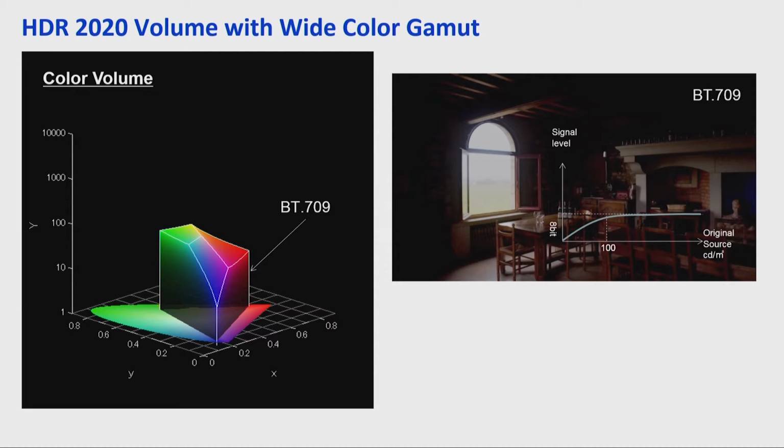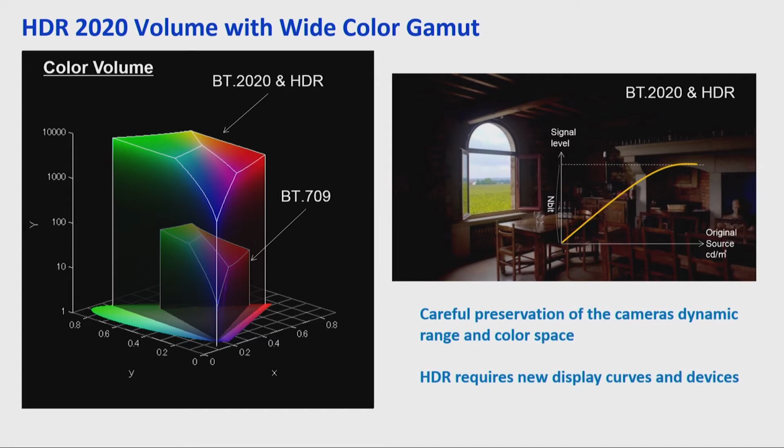So this is 709, and to the right is a picture in 709 of the exposure choice that you'd have to make in the picture. Between high dynamic range and this huge volume in color, now I can expose over a much more difficult scene and still retain all of the details that I want to present to my audience. So you really get an incredible difference.